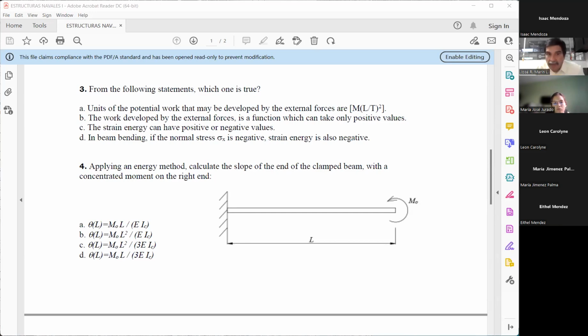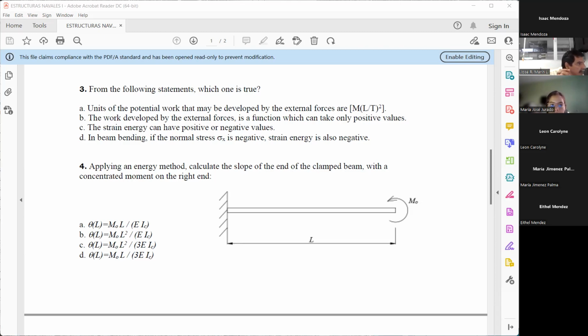Two equations. What are those equations? Summation of moments and summation of forces. Yes. Now, if we talk about the differential equation, what's the differential equation that we should solve in this case, since it is a determinate case?